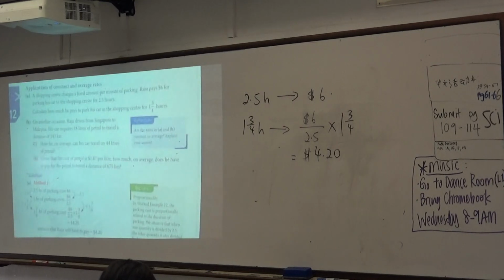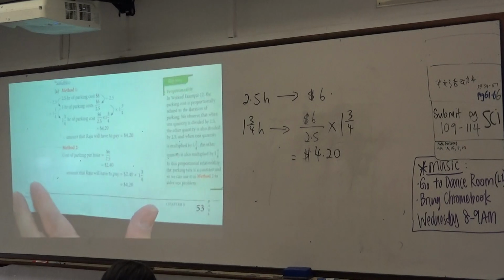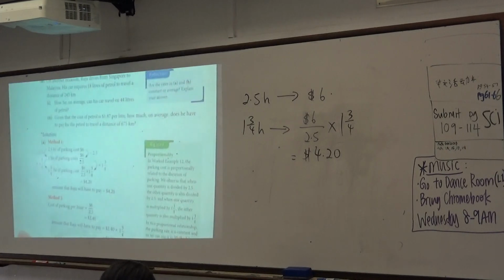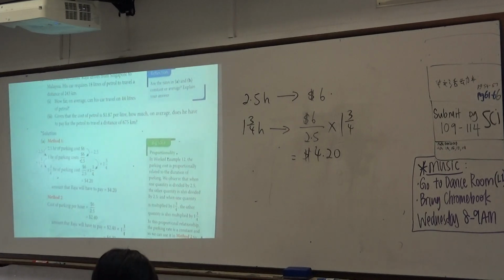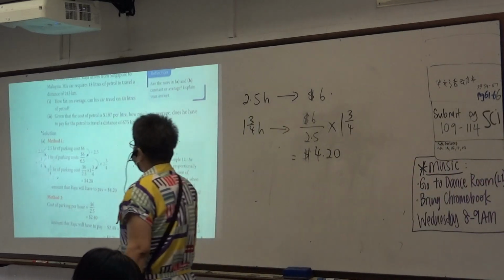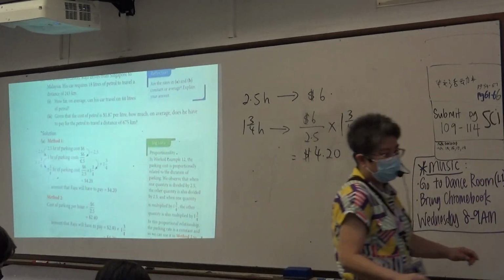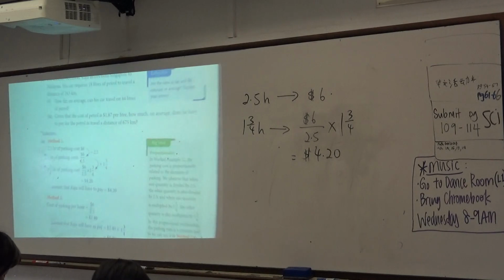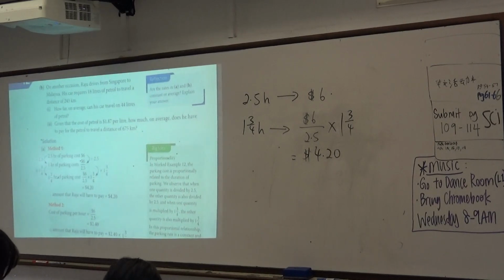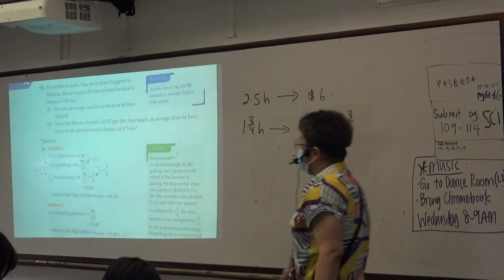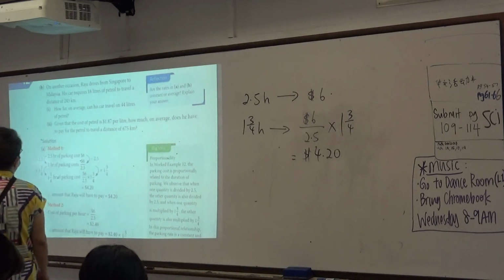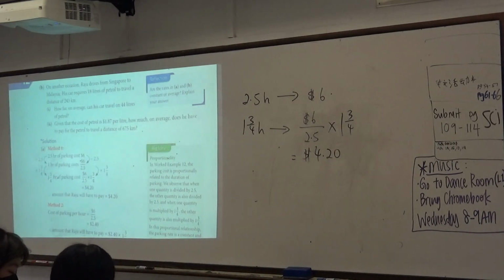Now, next, look at part B. Let's take a look at part B. On another occasion, Raju drives from Singapore to Malaysia. His car requires 80 liters of petrol to travel a distance of 250 kilometers.